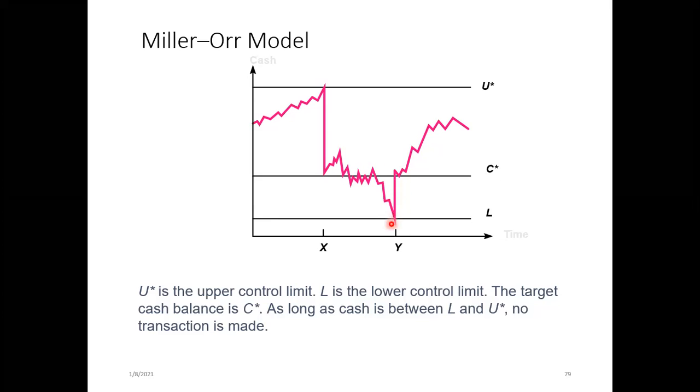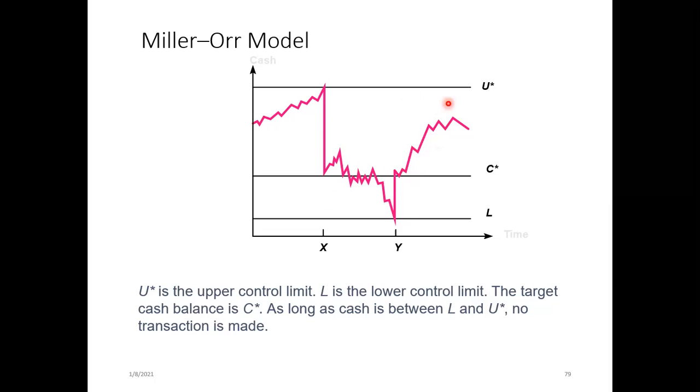Here the balance is 10,000, and the target balance is 30,000. So how much of the marketable securities are they going to sell? From 10,000 to 30,000 is 20,000. So 20,000 worth of marketable securities will be sold to get the money back, and it works randomly.